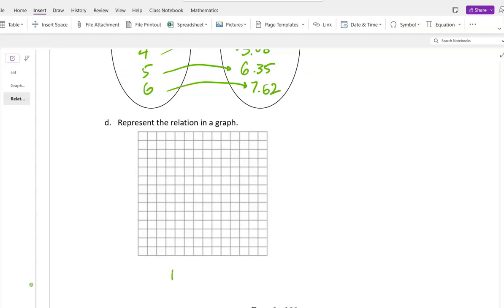And I hope this would make sense that if I put the number of marbles here, the mass depends on how many marbles I have, right? The more marbles I have, the more it's going to weigh. Okay?